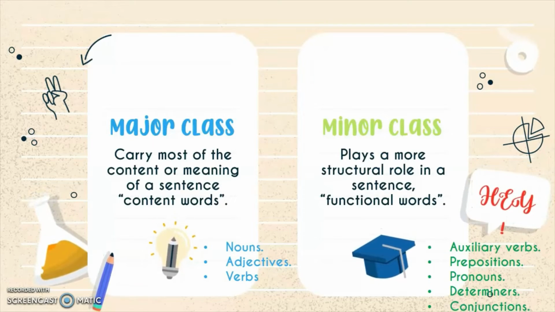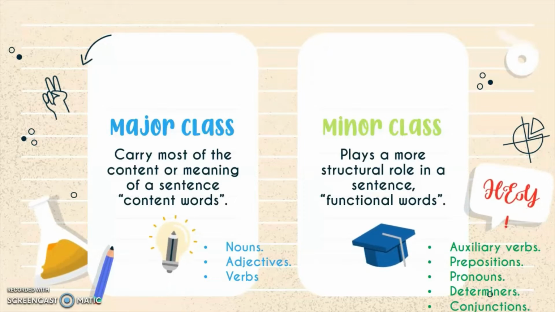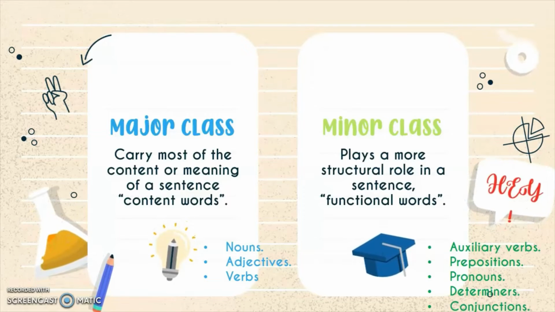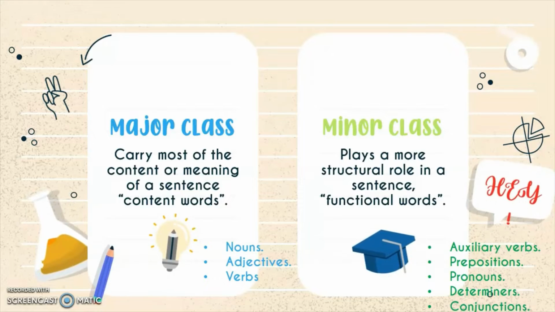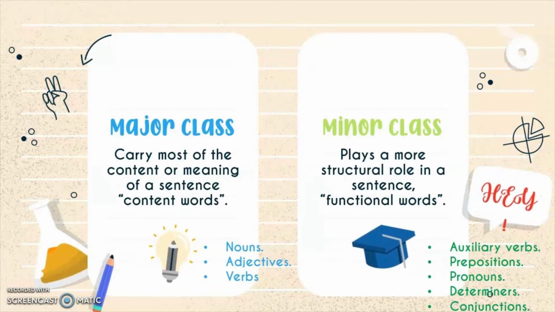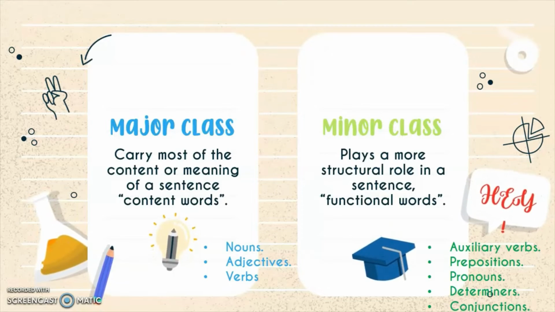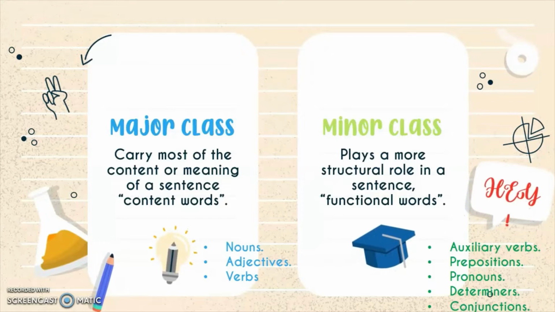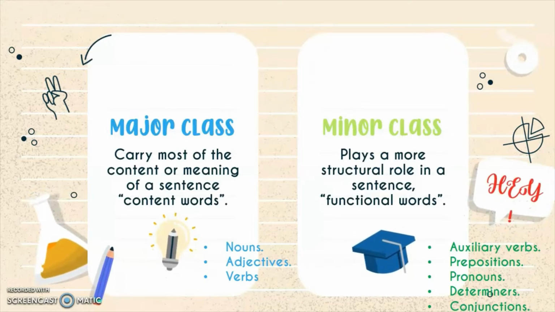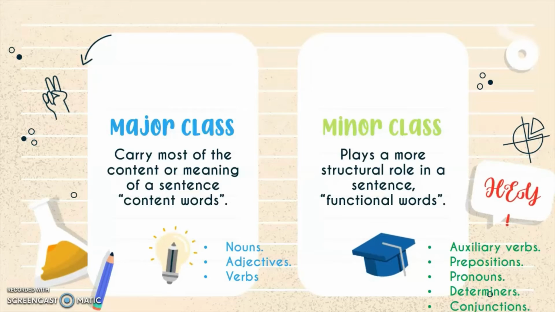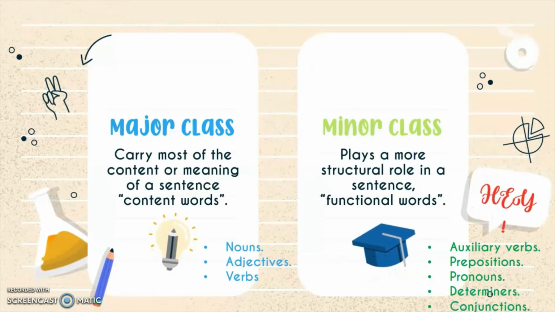The minor class plays a more structural role in a sentence, or functional words as well. Examples of the minor class are auxiliary verbs, prepositions, pronouns, determiners, and conjunctions, all of them being parts of speech.